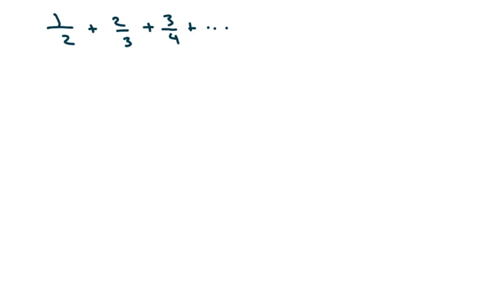Okay, the next one we have is this one. The general term for this one, or our nth term, would be n over n plus 1. So we're going to compare that to 1 over n. And you can just plug in some numbers. For example, if I plug in 2, I'm going to get 2 over 3.